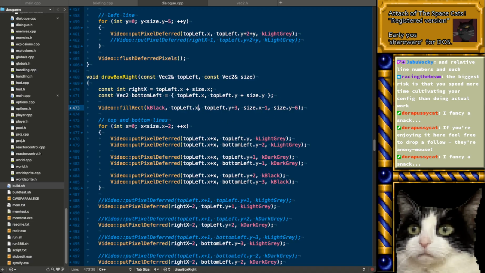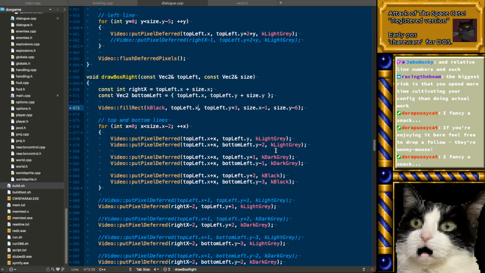To be fair, that is the wrong pixel. Because it's not the left-hand pixel, it's the first pixel. In fact, it's not even that. Oh yes it is, sorry. It's the first pixel, so back to the code.